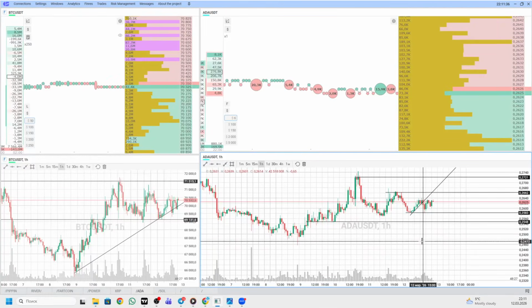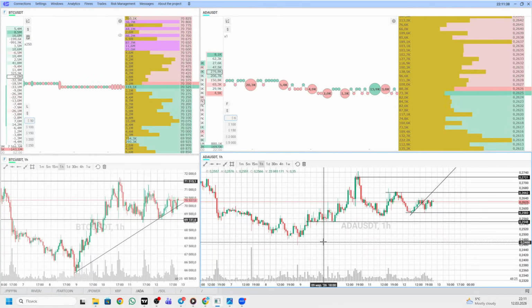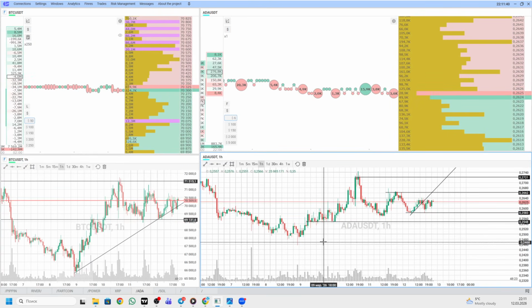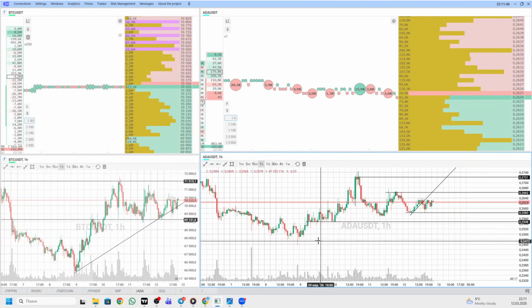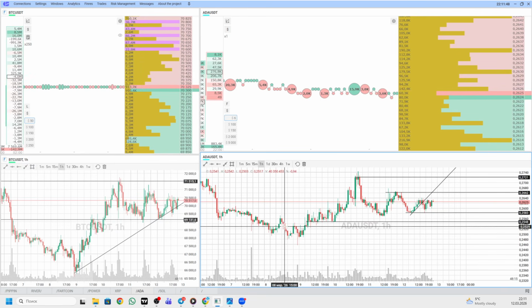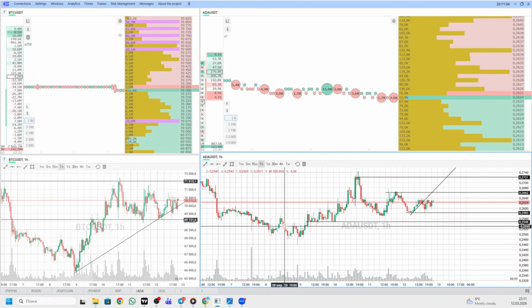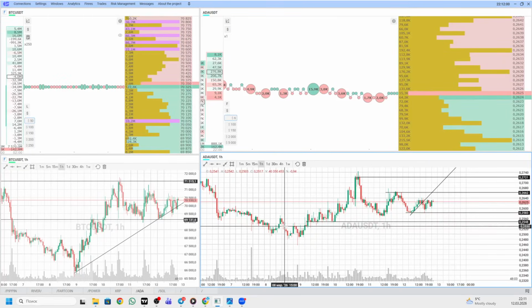First of all, what I want to say is that all analysis, as you remember, we do on the 1 hour chart. We build levels, everything we do on the 1 hour chart: multiple touch setup, consolidation, weak throw, everything. The trade decision is also made on the 1 hour time frame.